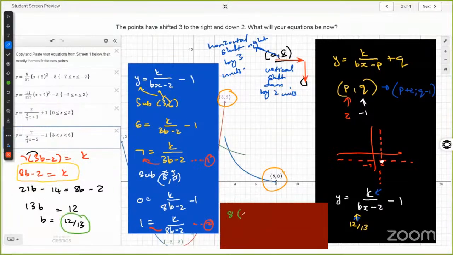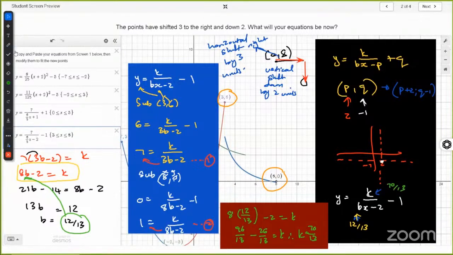I got 8 multiplied by my b value, which is 12 over 13, minus 2 equals k. I can put it on a calculator. 8 times 12 is 96 over 13 minus 2, which is 26 over 13, equals k. 96 minus 26 is 70 over 13. Okay, and my k value will be 70 over 13.